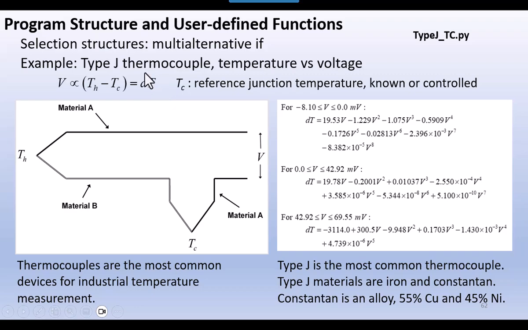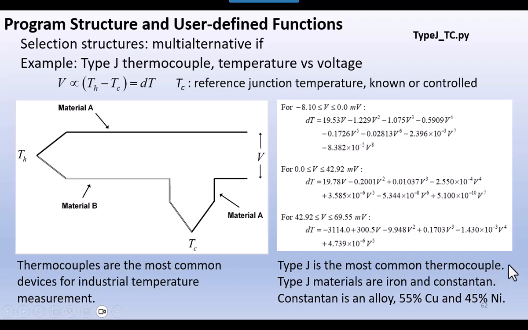And we could call that a DT. So if we wanted to know the actual temperature, we would need a separate measurement of the reference temperature to add in to DT to get the actual temperature. So thermocouples are the most common devices used for industrial temperature measurement, and the type J thermocouple is the most common thermocouple.